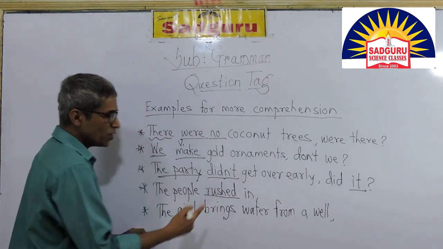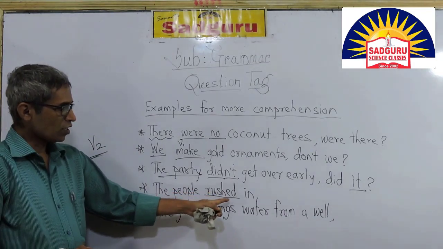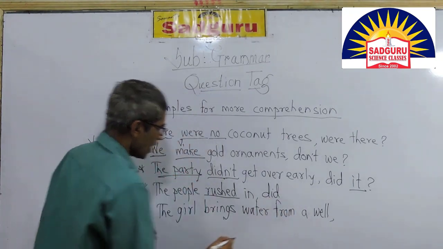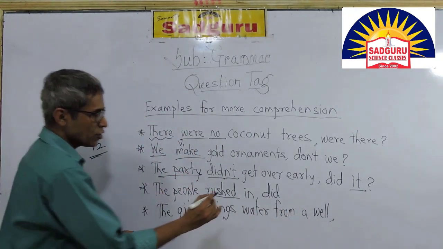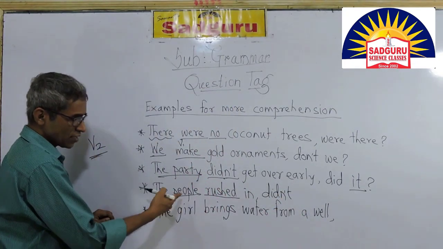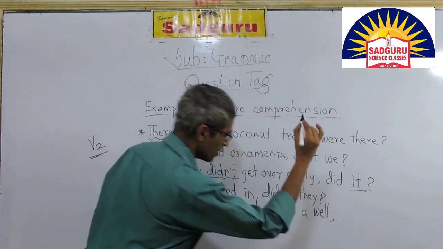The verb is V2 or past tense form. So you have to take the auxiliary did and the sentence is positive. So the question tag will be negative, didn't, and the subject people, plural noun. So you have to take they.